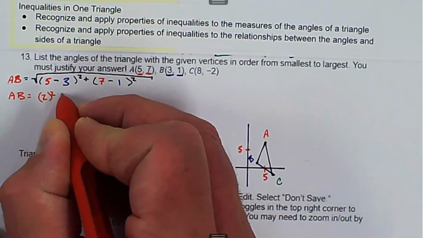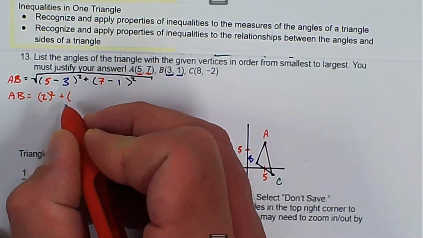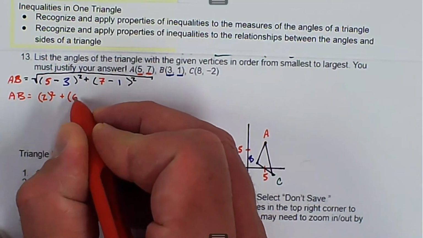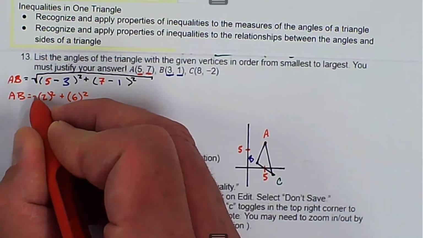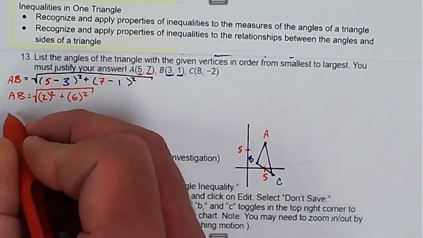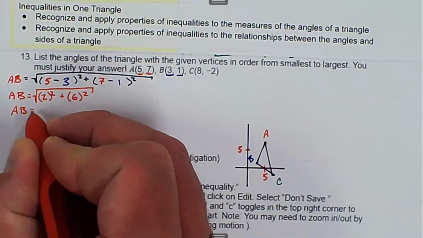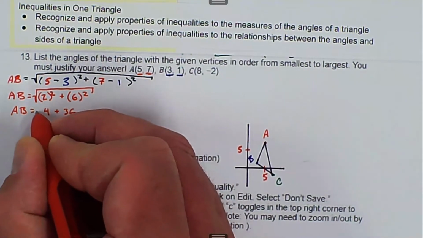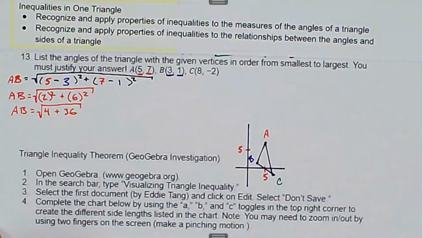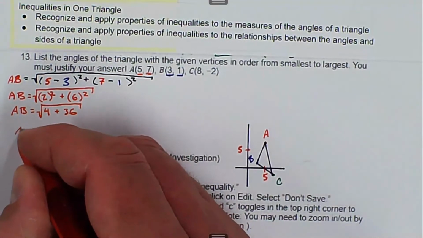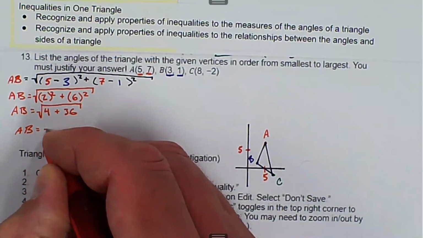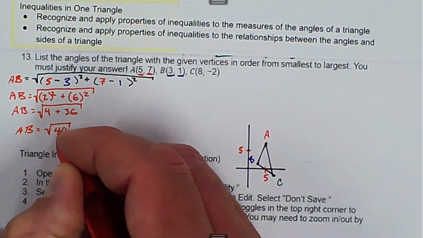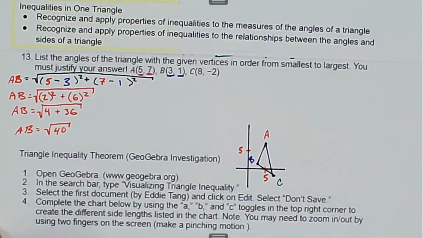That quantity is still squared. Plus 7 minus 1 is 6. That quantity is still squared, and that's still under the square root. So AB is equal to 2 squared is 4 plus 36. And so we can leave that as AB, the square root of 40.